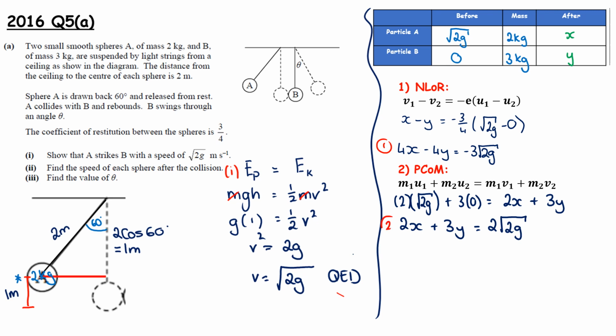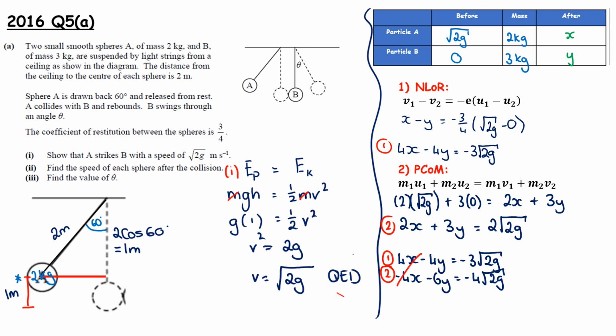and that becomes equation 2. So simultaneous equations, we have 4x minus 4y is equal to minus 3 root 2g. I'm going to multiply number 2 by minus 2, so I get minus 4x minus 6y equals minus 4 root 2g.